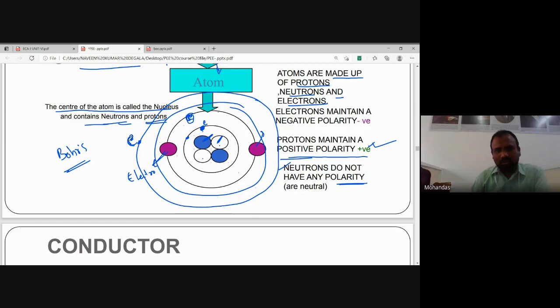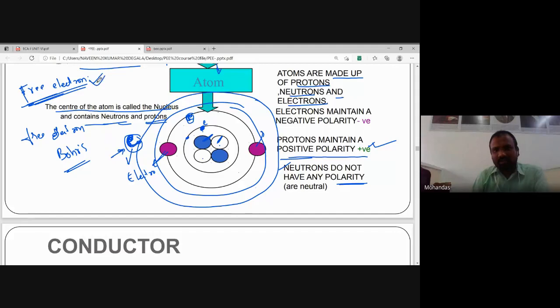This is also known as a valence electron. To remove this valence electron, the energy required is very little. Once this electron is detached from the outer shell, it is known as a free electron. Once you remove or detach that electron from the outer orbit, it is known as a free electron.